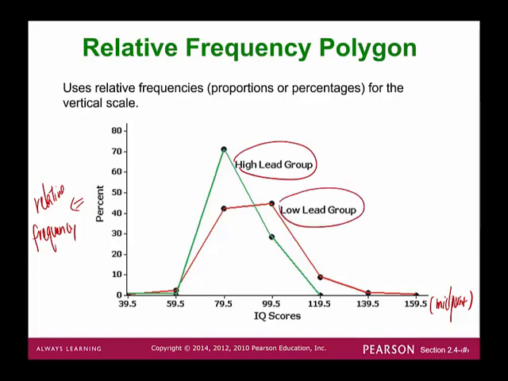As you can see, for the lowland group, the IQ score tends to be higher compared to the highland group. So the relative frequency polygon again is a derivative of the frequency distribution table.